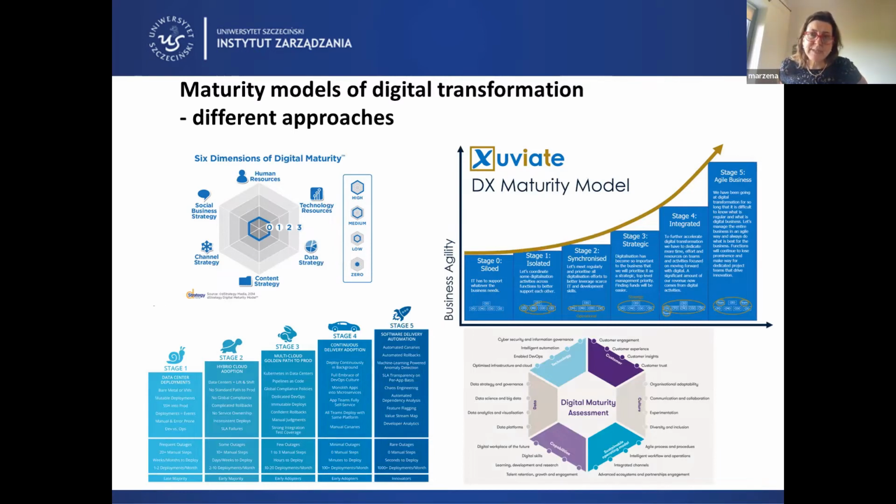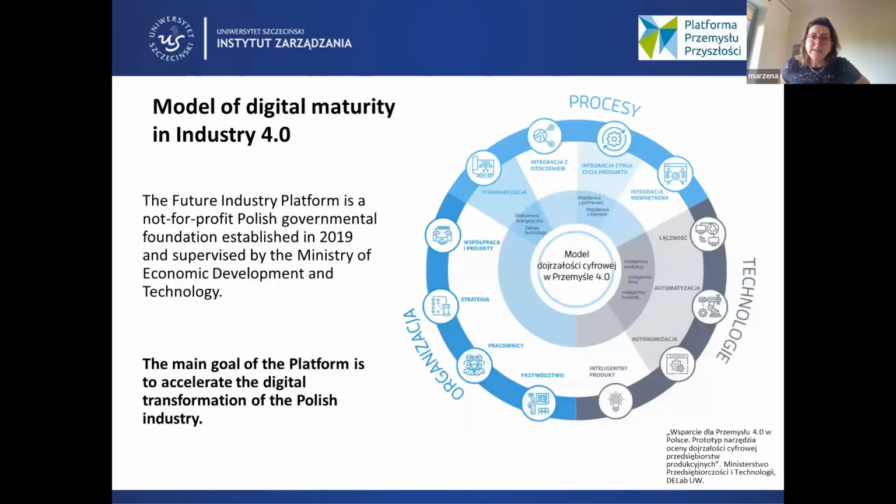Next slide, please. I'd like to show you an example of a model of digital maturity in Industry 4.0, which was developed in Poland by the Future Industry Platform, a governmental agency for implementing Industry 4.0 in Poland.